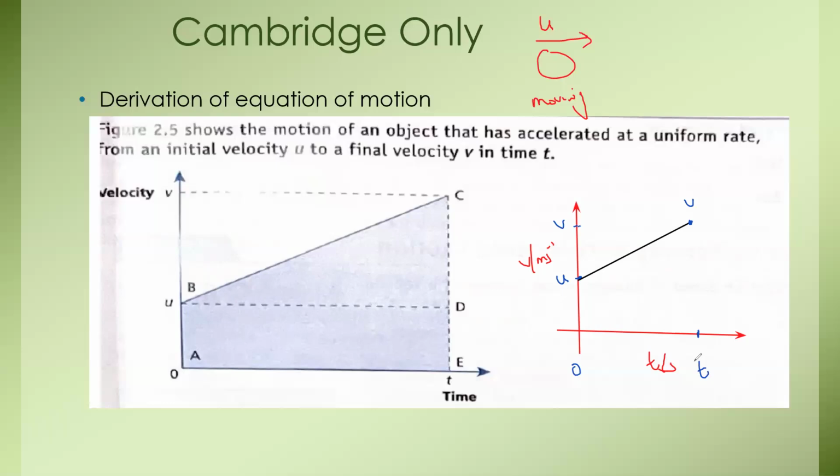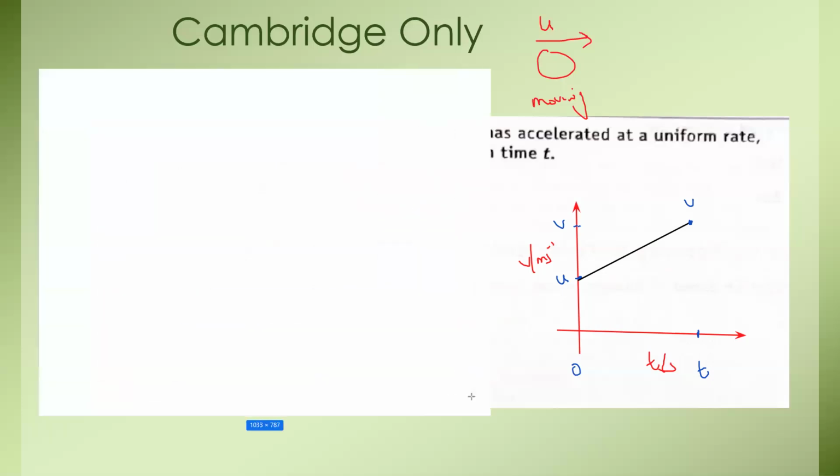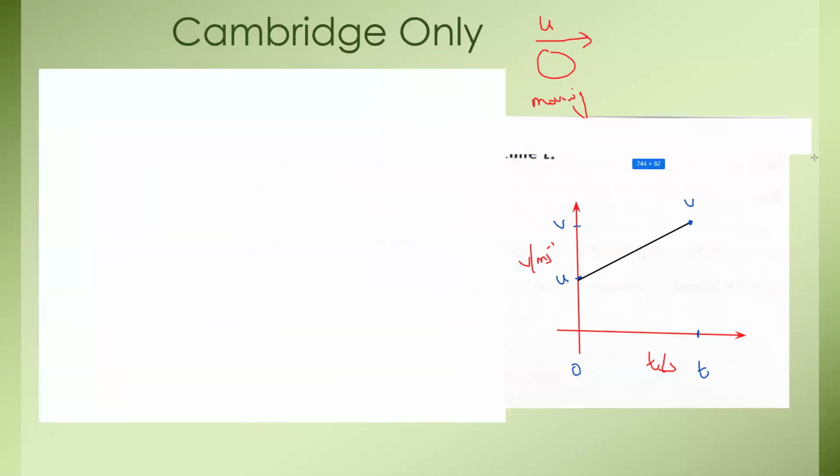Now, we'll derive these equations separately. If I want to derive the first equation of motion, students taking Cambridge, you have to learn this derivation as well. So what is the acceleration of this object? Acceleration refers to change in velocity divided by time.